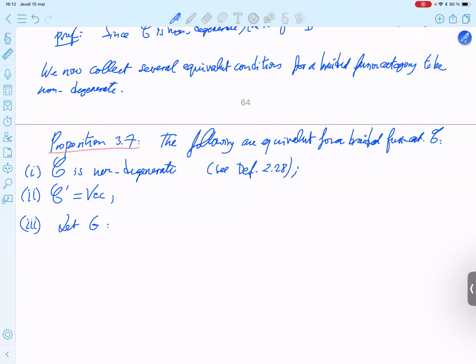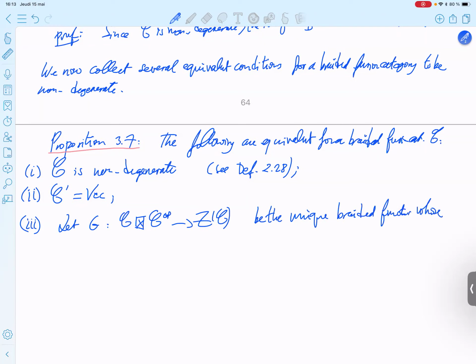Consider the braided functor G from C tensor C op to the Drinfeld center of C, the unique braided functor whose restriction to C and C op coincide with those defined in section 2.10.